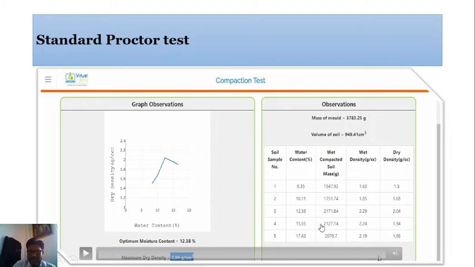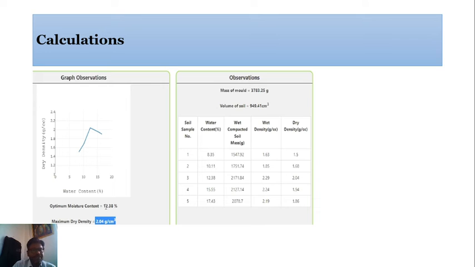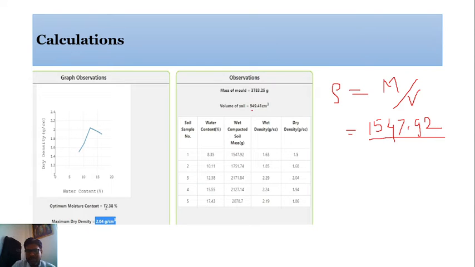From that we can calculate the wet density and dry density of soil. So let's see how to calculate the dry density as well as the wet density of soil. Wet density is equal to mass upon volume of the soil sample. So what is the mass? This is the mass, 1547.92 gram, and the volume of the sample is 949.41 centimeter cube.